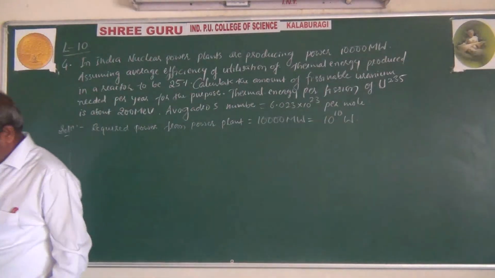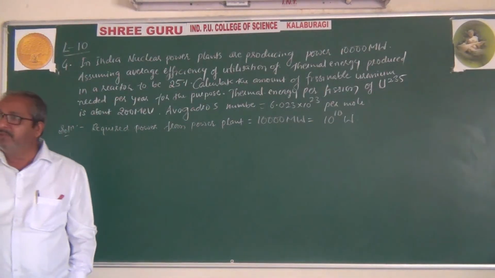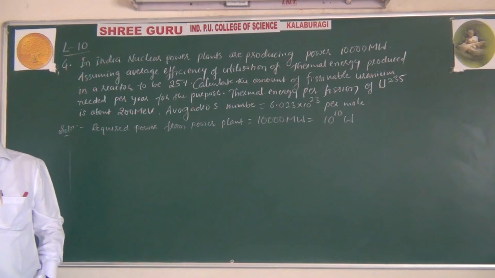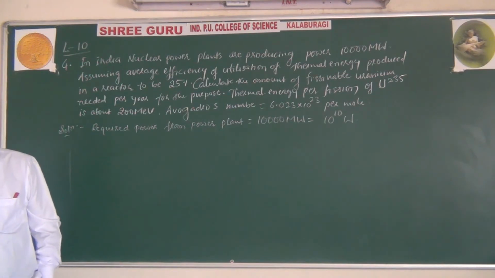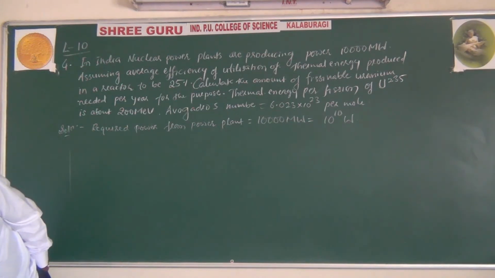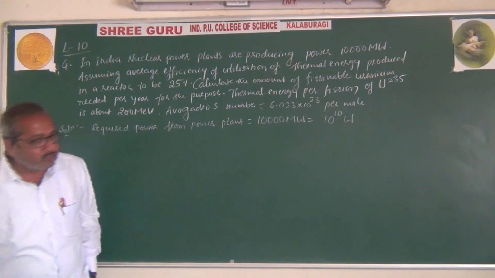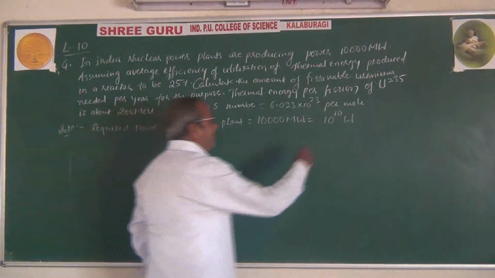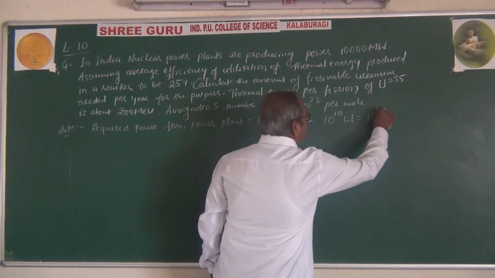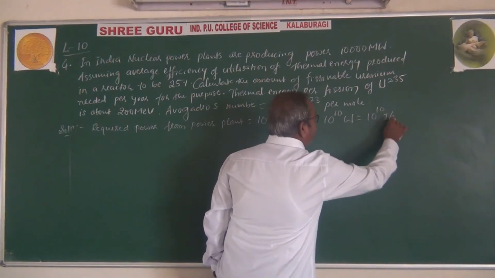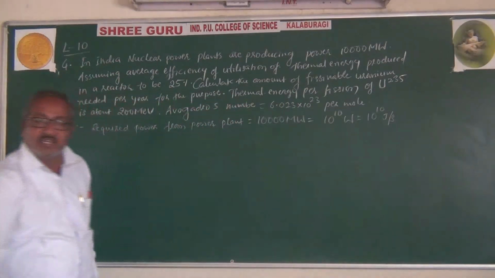And as you know, the watt is the unit of power, which is nothing but the rate of doing work, meaning energy per second. Energy is measured in joules and time in seconds, so it is joule per second.